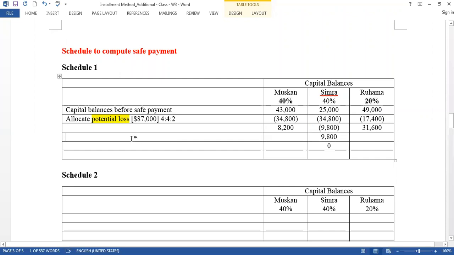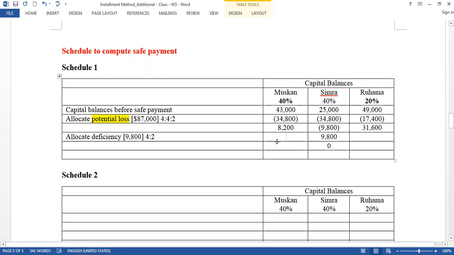So you can say here that we are going to allocate the deficiency. So what is the amount of deficiency? 9,800 is the deficiency, and we are going to allocate it 4:2.